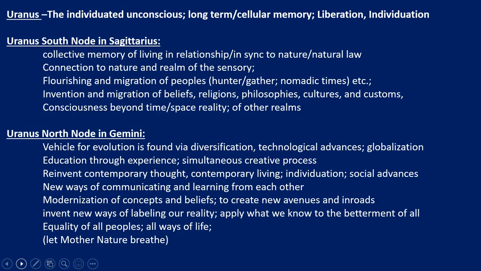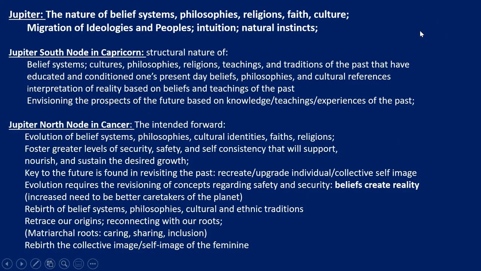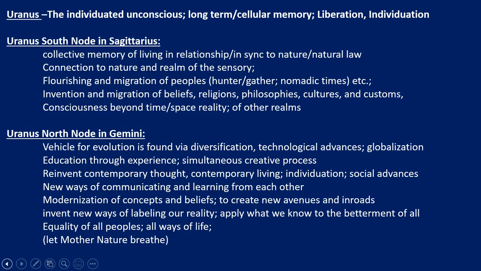Okay, the Uranus South Node is in the sign of Sagittarius. The individuated unconscious, a Jungian term. This is our long-term cellular memory. And Uranus is the archetype of liberation and freedom and individuation, but it's also that cellular memory.